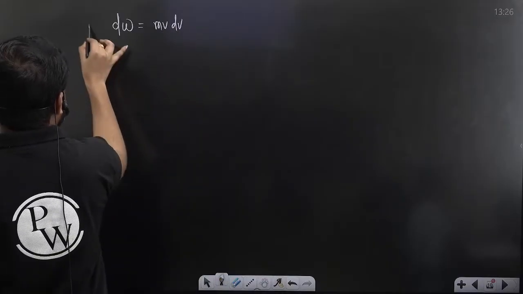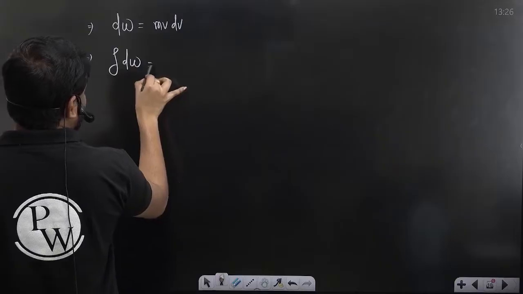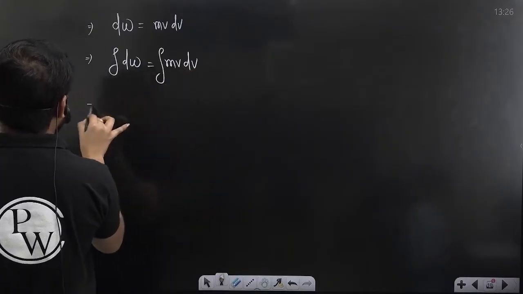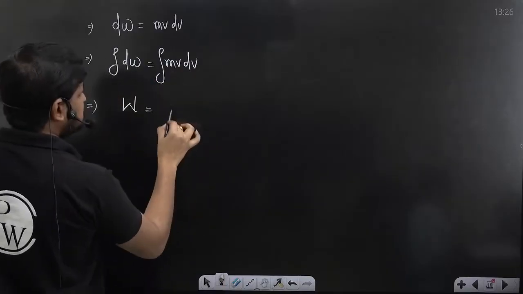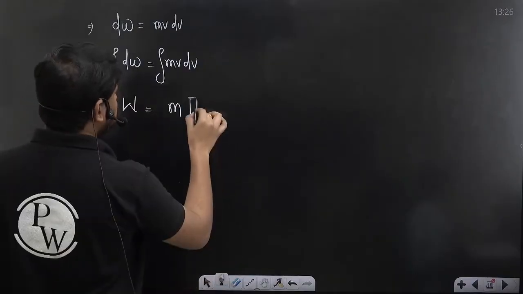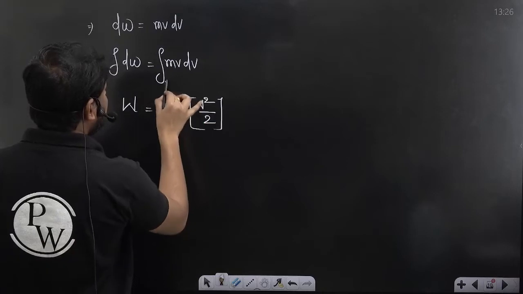Now let's integrate it on either side to get the complete work done. So mv dv integration. The integration of dw is the total work done. Mass is constant, so take m out, and the integration of v is going to be v square by 2. From where to where are you integrating?